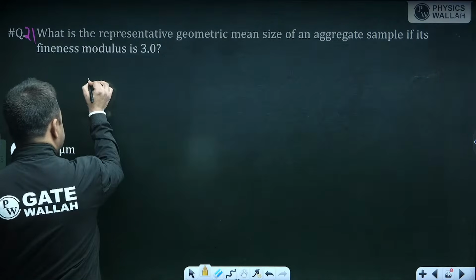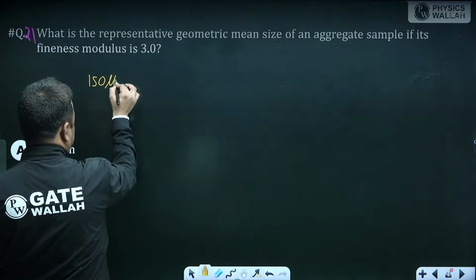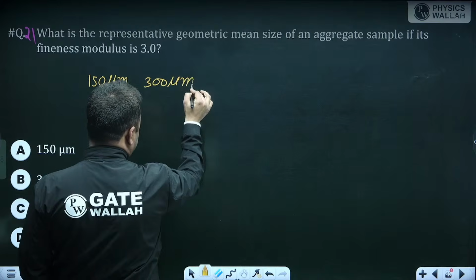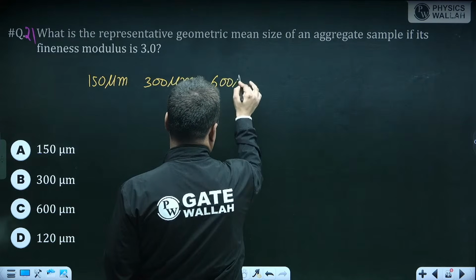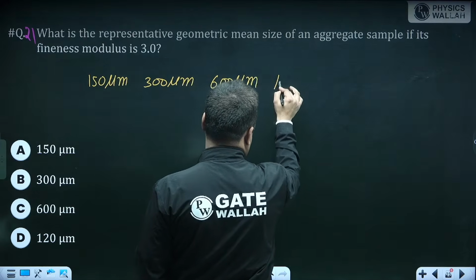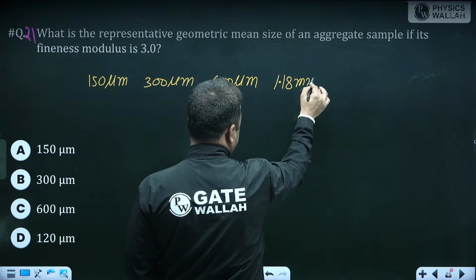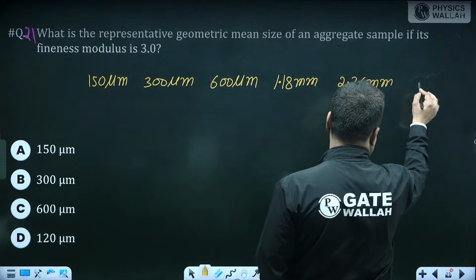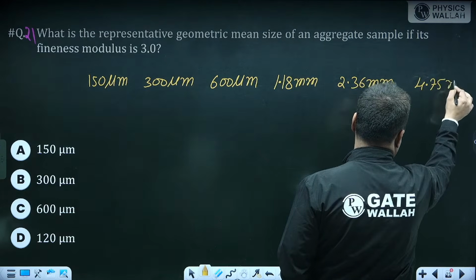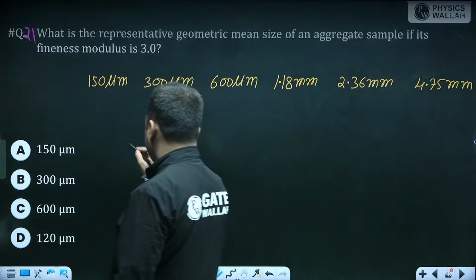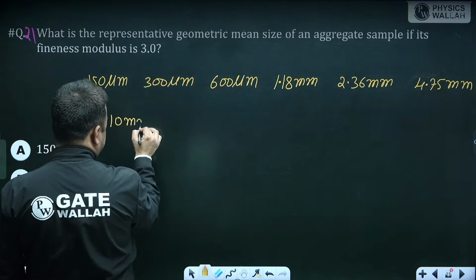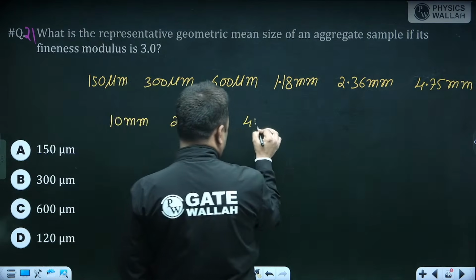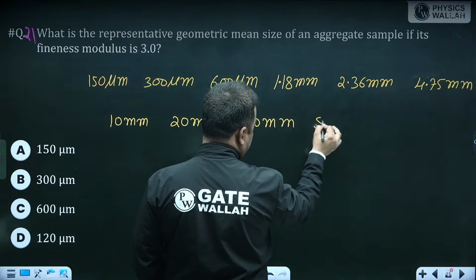We know the sizes, right? 150 micrometer, 300 micrometer, 600 micrometer, 1.18 mm, 2.36 mm, 4.75 mm, 10 mm, 20 mm, 40 mm, 80 mm.